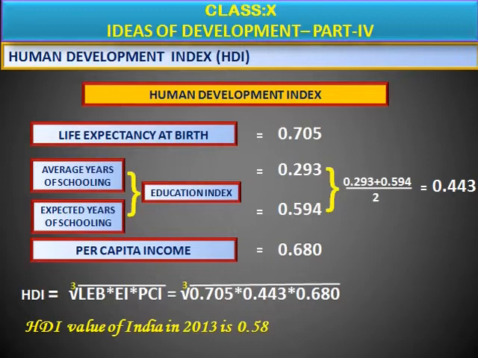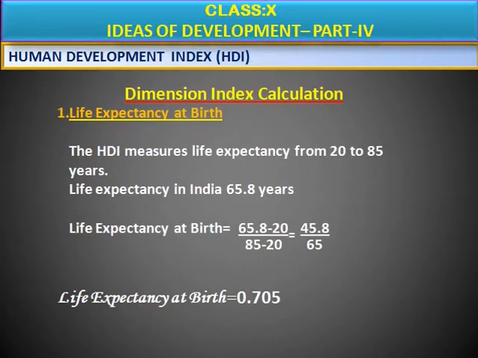Now let's see how to calculate these 4 dimensions. Let's see the dimension index calculation. First one, life expectancy at birth. The HDI measures life expectancy from 20 to 85 years. Here, life expectancy in India is 65.8 years.